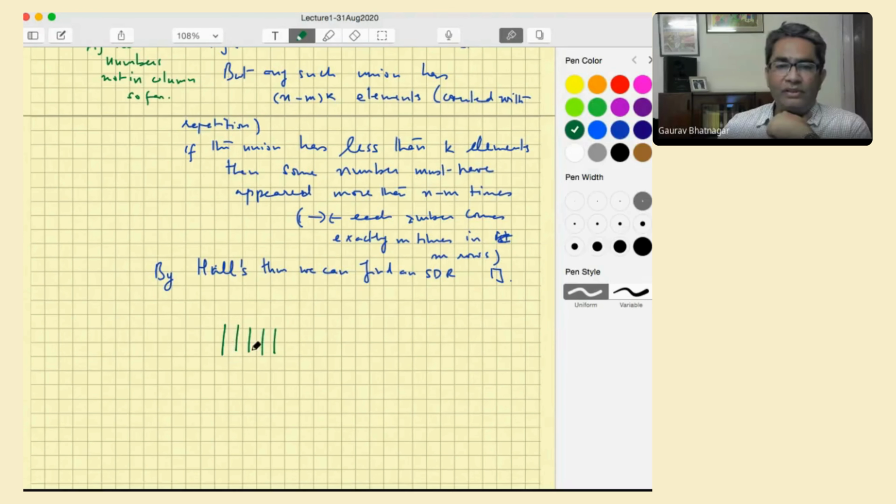So in one row, some element has to repeat. Suppose in this row, 1, 2, 3, 4, 5 has less than k, it has only 4 elements: 1, 2, 3, and 4. So there must be some repetition here, right? That is what the problem is.